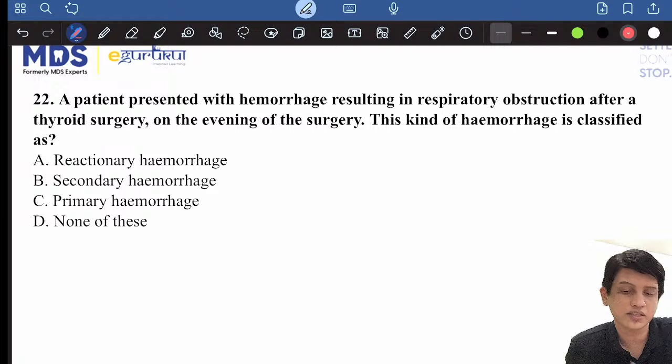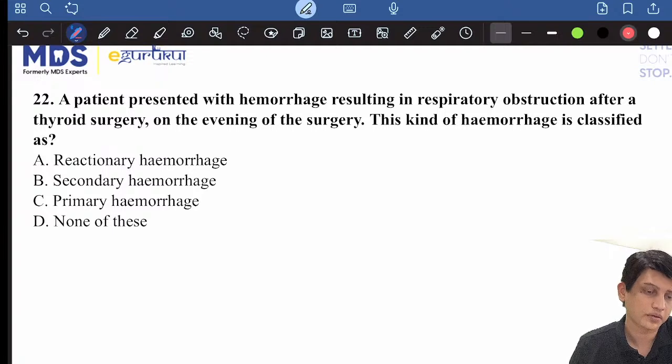The kind of hemorrhage is classified as? What is the answer? Yes, the answer is very good. It is reactionary hemorrhage. So one question can be framed in different ways. Very good, Saurav.